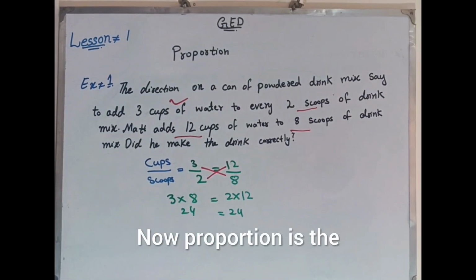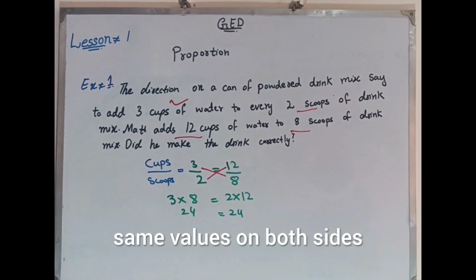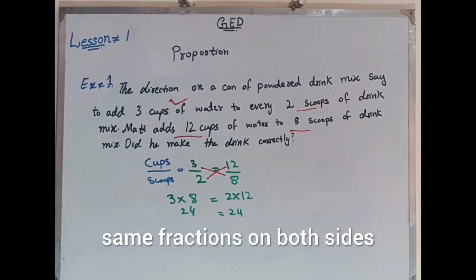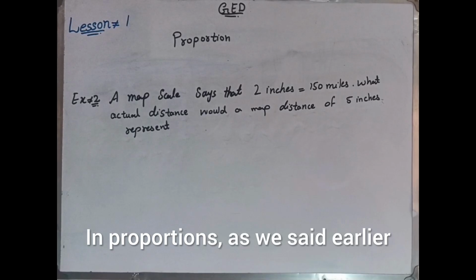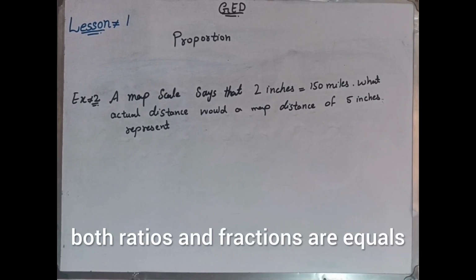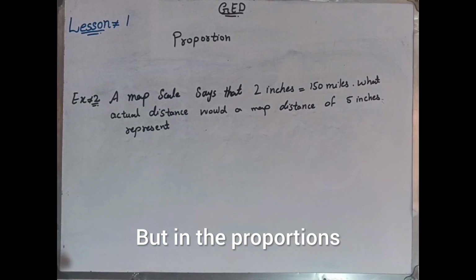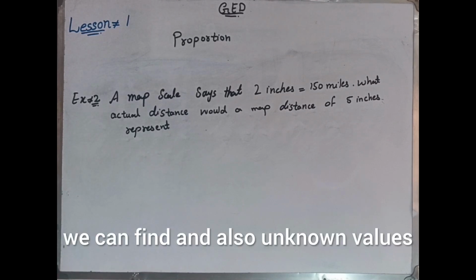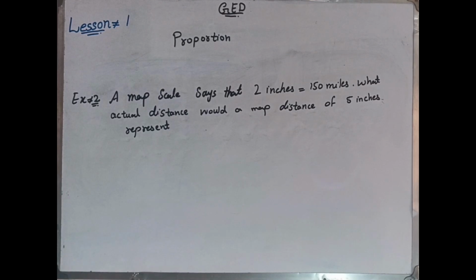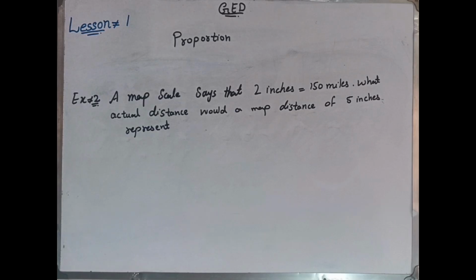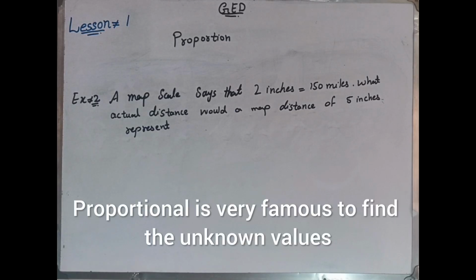Proportion means the same ratios on both sides, same fractions on both sides. In proportions, as we said earlier, both ratios and fractions are equal. But in proportions, we can also find unknown values. Proportion is very famous for finding unknown values.